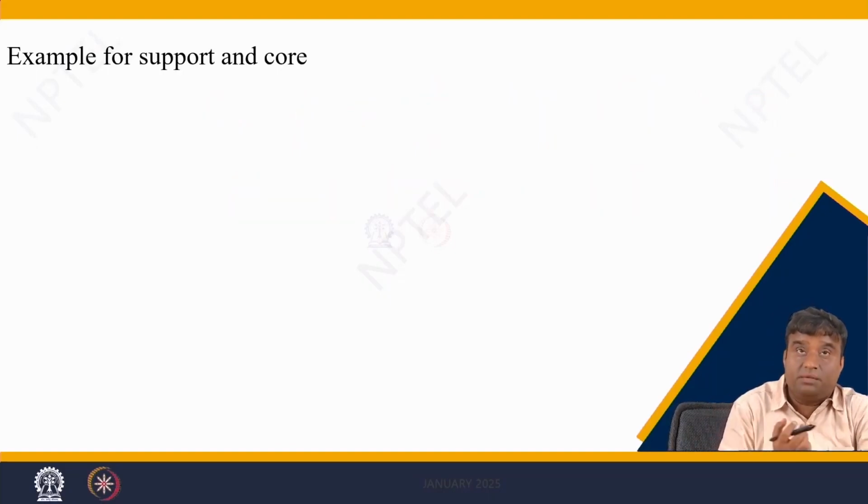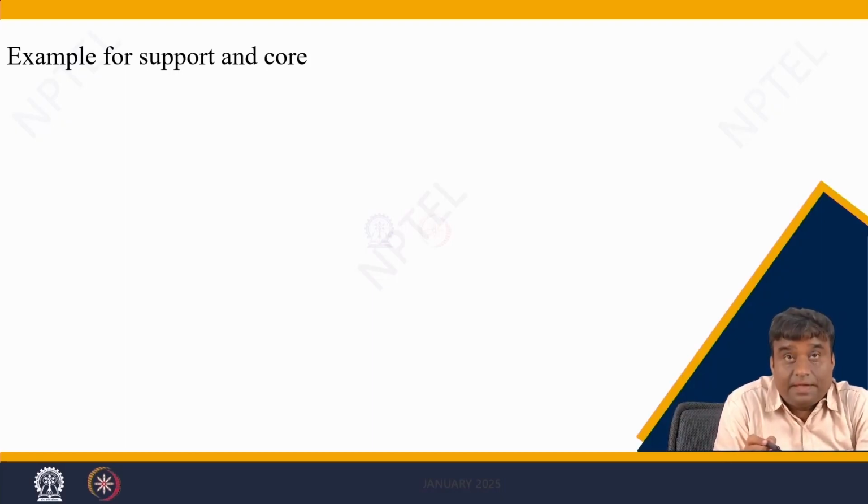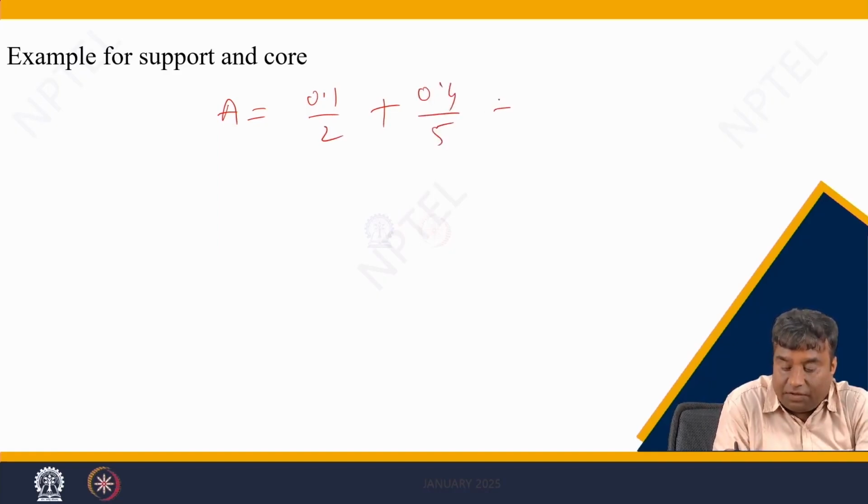Next are some more examples for support and core in terms of Zadeh notation. Support, you know, is where mu x is greater than 0, and core is where mu x equals 1. Let's take another example: A equals 0.1 by 2 plus 0.4 by 5 plus 0.6 by 7 plus 1 by 8.